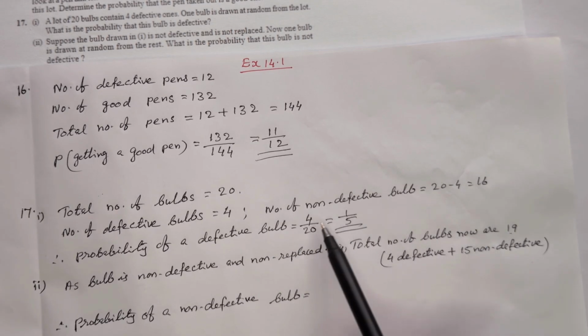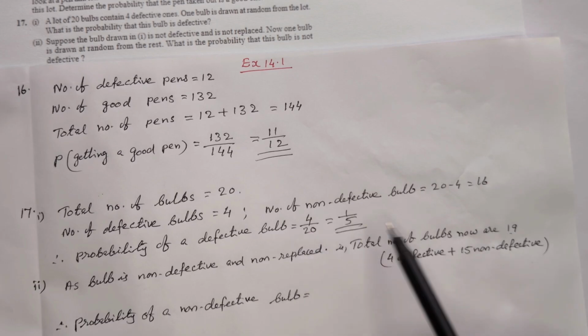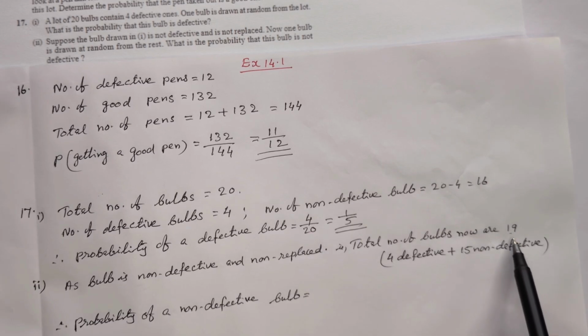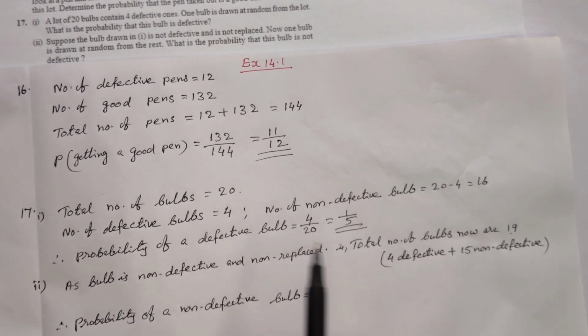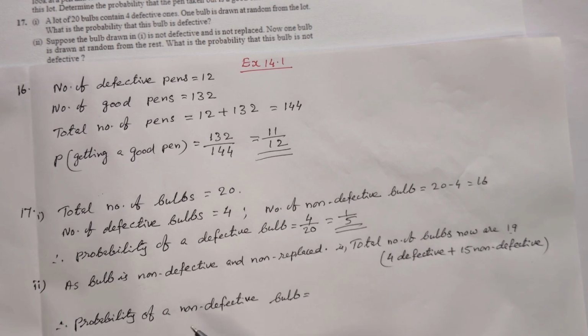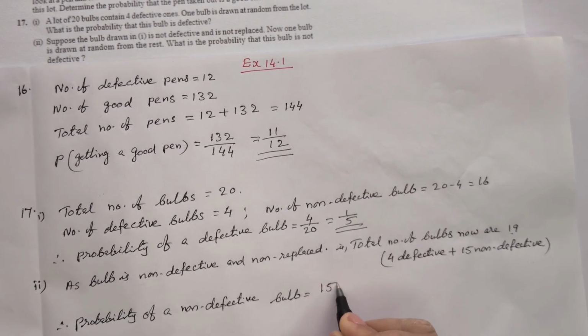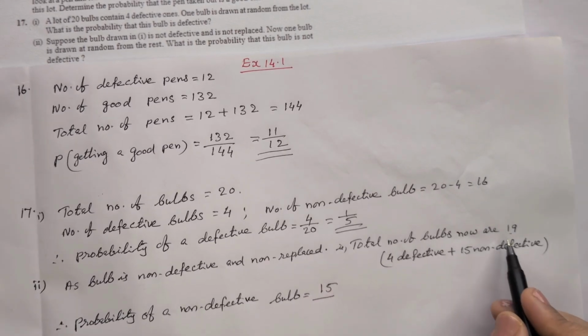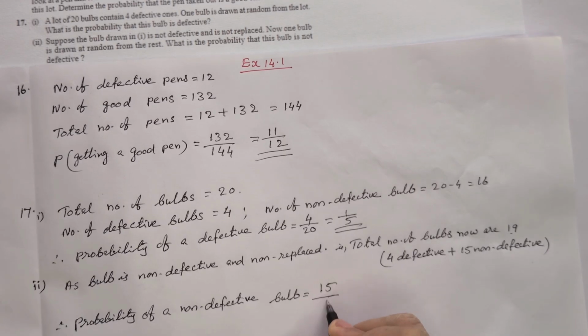Out of the 16, 1 is already taken out and not replaced. What is the probability that this bulb is not defective? When the second bulb is taken from the remaining bulbs, what is the probability of a non-defective bulb? Non-defective means 15 are there, 15 by the total, 19 only. So 15 by 19.